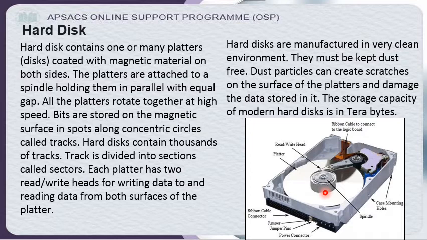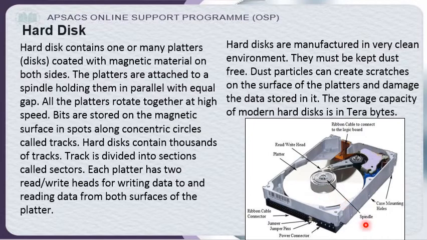So the hard disk with 7200 RPM has a high speed, or we can say that its access time will be faster as compared to the 5400 RPM. A 7200 RPM hard disk will be expensive as compared to a 5400 RPM hard drive.